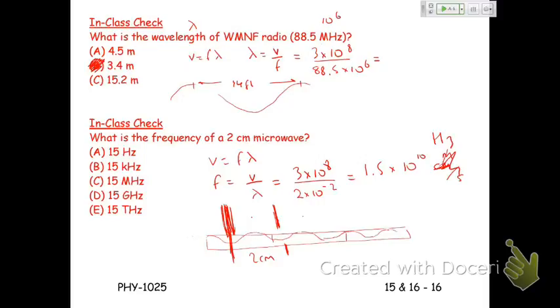Now, to go back to what we're saying, if you take your chocolate bar and you measure the wavelength, and you know lambda is equal to 2 times 10 to the minus 2 meters, and you know that the frequency of your machine, it should say somewhere on it, is 1.5 times 10 to the 10 hertz, you can work backwards and say C is equal to F lambda, which equals 3 times 10 to the 8 meters per second.